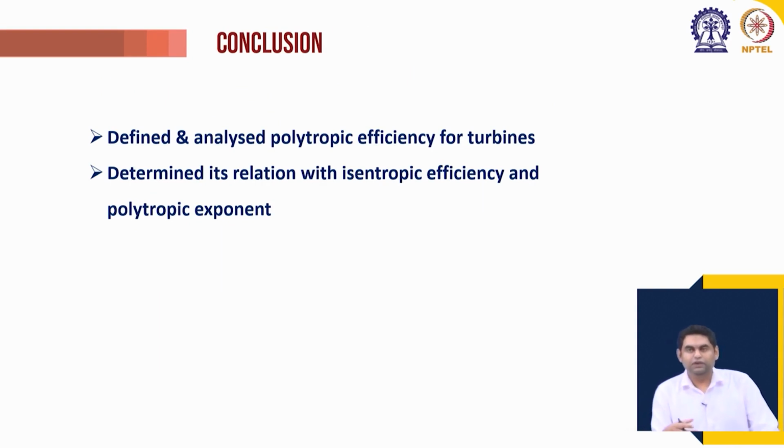For turbines the calculations and analysis is slightly different. We have determined its relation with isentropic efficiency of a turbine and with the polytropic exponent for a turbine. And finally, we have solved a couple of numerical examples to get an idea about how to do these calculations and also to get realistic values of polytropic efficiency and isentropic efficiency and how they relate to each other, what sort of differences in values occur between these.